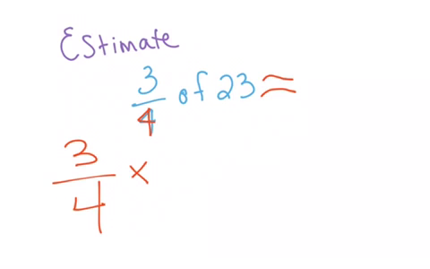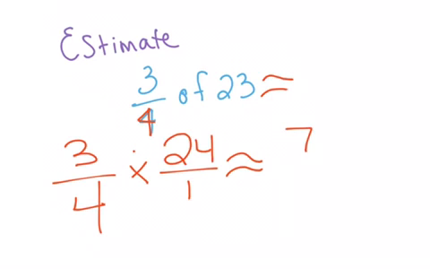It's a little bit closer to 24, so we're going to go with 24 over 1. Use our approximation sign or our estimation sign. So 3 times 24 is going to be 72. 4 times 1 is going to be 4. We have a lot of 4s here. Sorry for all the repeats of 4s.